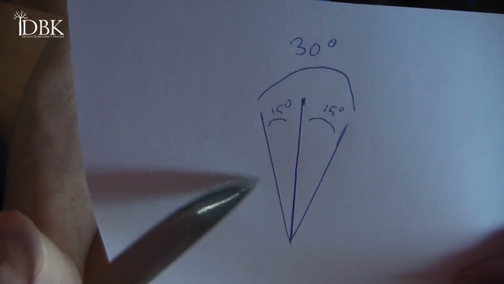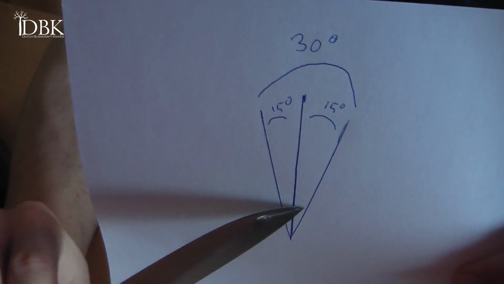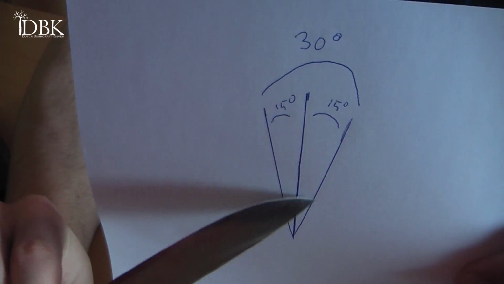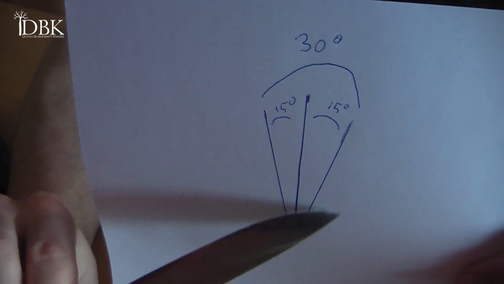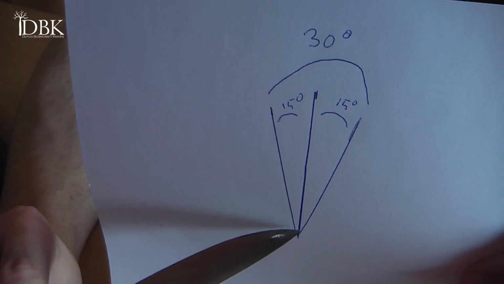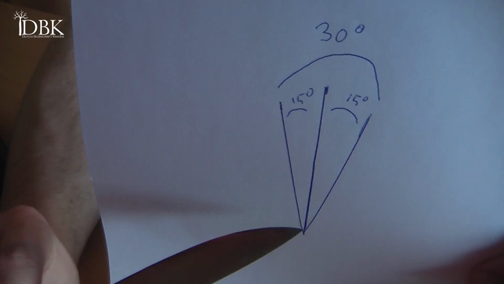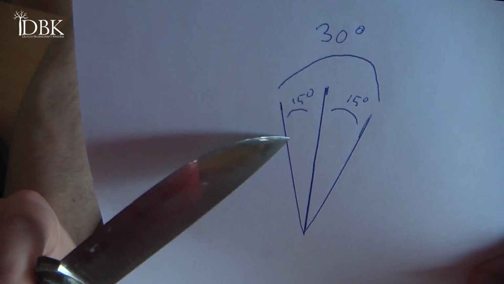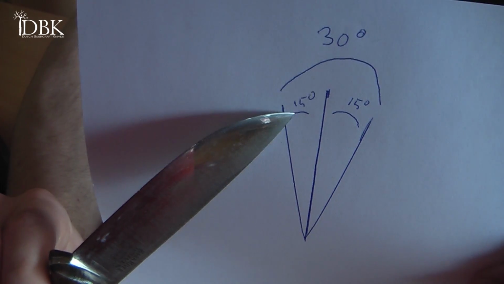This is a 30 degree bevel. So the total bevel is 30 degrees, but some people, and some knife companies, talk about their per side angle, and that is 15 degrees.